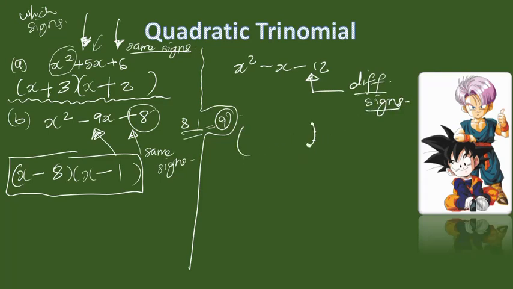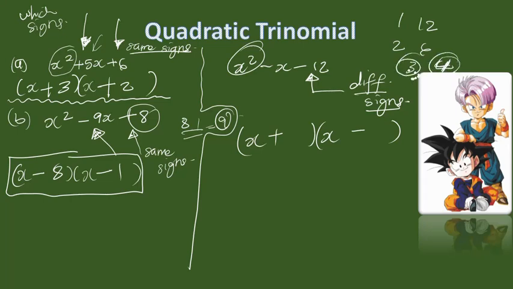So we open two brackets and we know that our brackets have different signs, positive and negative, or negative and positive, whichever way. So factors of x squared, that is x and x. Factors of 12 that can give us 1, we have 1 and 12, we have 2 and 6, we have 3 and 4. The only ones that are 1 unit away from each other are 3 and 4.